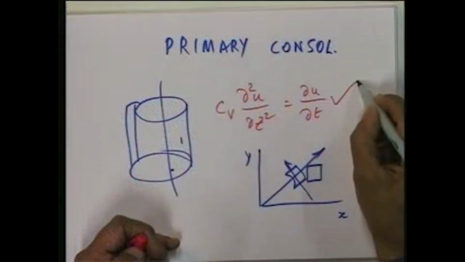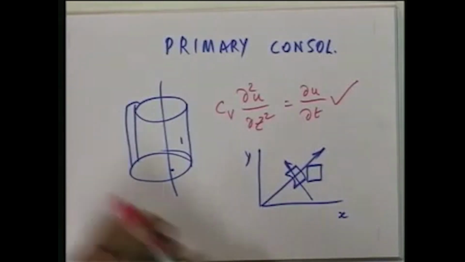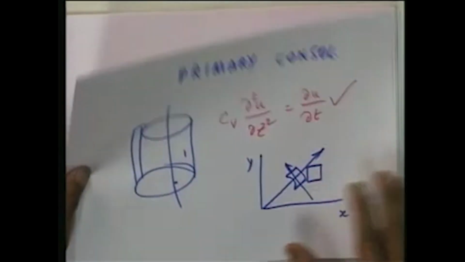So, let us take a look at the corresponding differential equations that we will obtain if we follow the same procedure that we used for deriving this equation for primary consolidation. Following the same steps, we will get two equations for 3-dimensional consolidation, and they will be one, this.